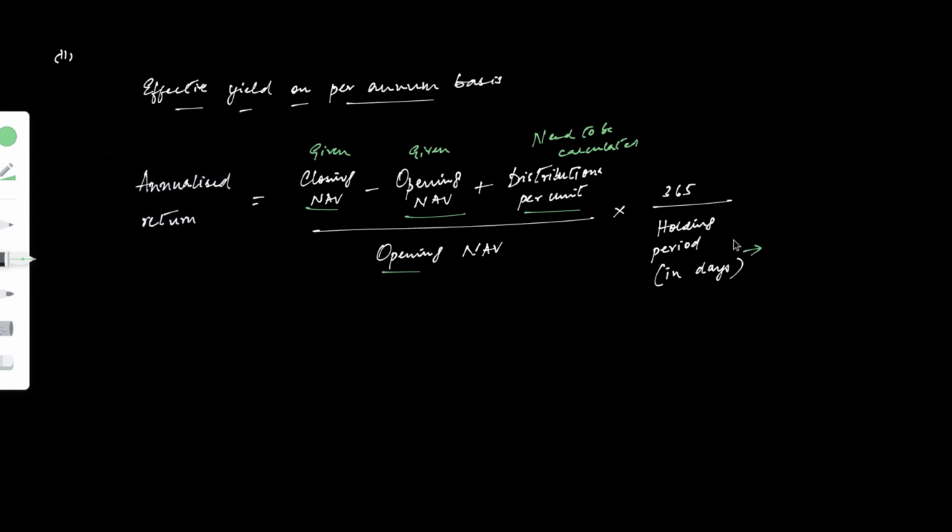This also needs to be calculated. Okay. So we will start solving the problem and we'll calculate distributions per unit and holding period in days, and then we will use this formula to find the effective yield on per annum basis.